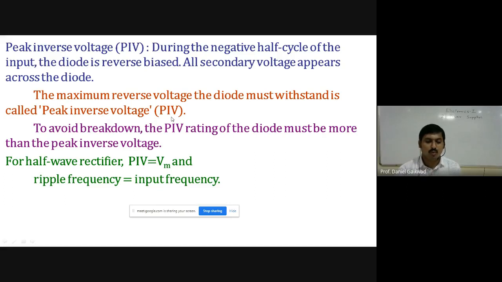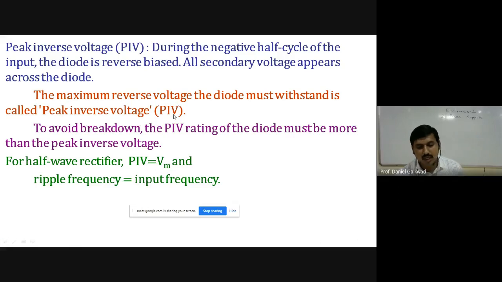Suppose 10 volt is the PIV of the diode, then in the power supply we should have a voltage less than 10 volt in reverse bias. Suppose 11 volt is given to the diode and it has a 10 volt PIV, then the diode may be damaged in reverse bias.